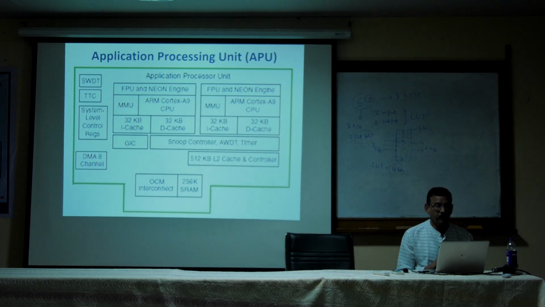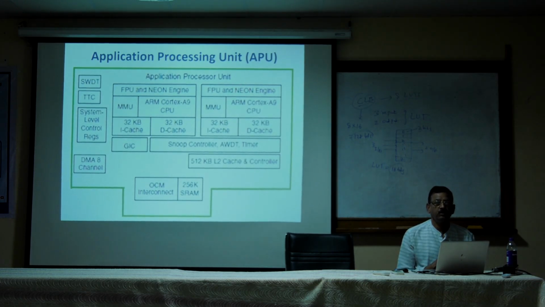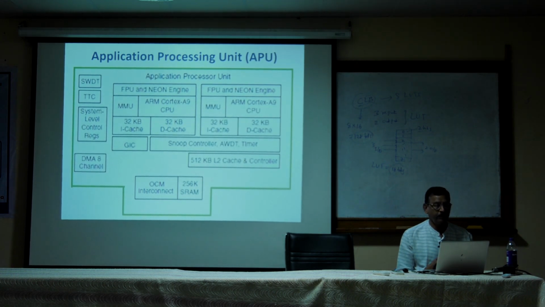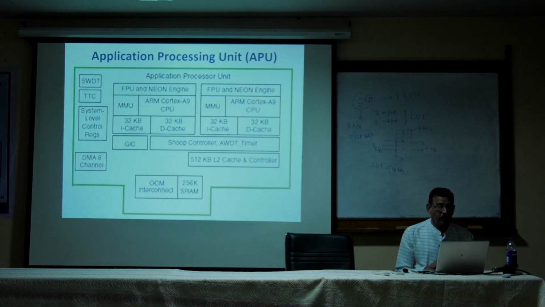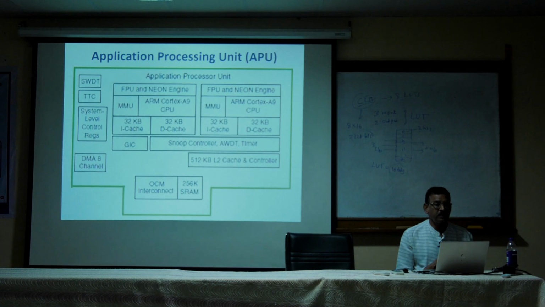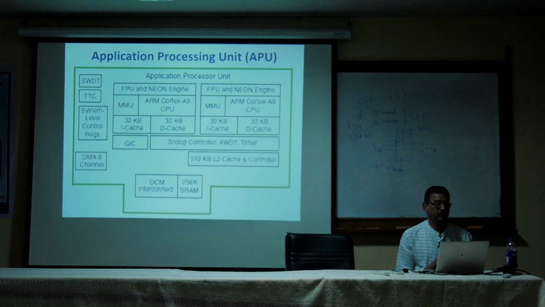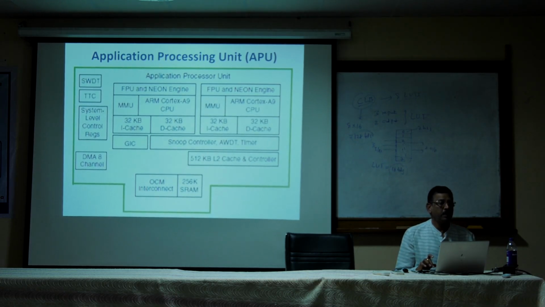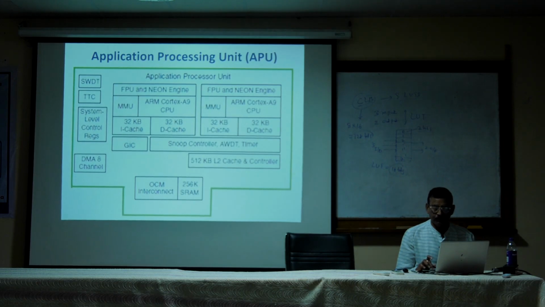Plus L2 cache memory, 512 KB, so L1 cache and L2 cache. And also some small on-chip memory, 256K SRAM, is present. And 8 DMA channels. You studied DMA, right? So 8 DMA channels are also present.